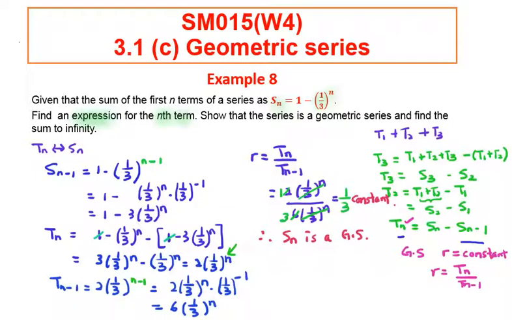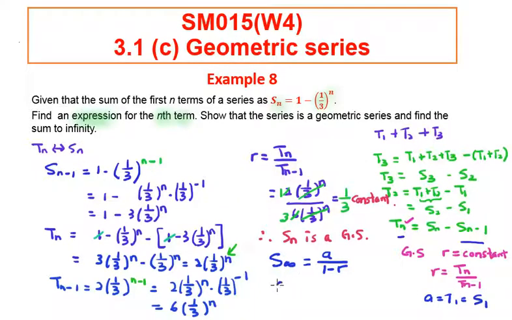From there, we can find the sum to infinity, which is equal to a over 1 minus r. We already have r as 1/3. We have to find a. How to find a? a is the first term, which is equal to S1.